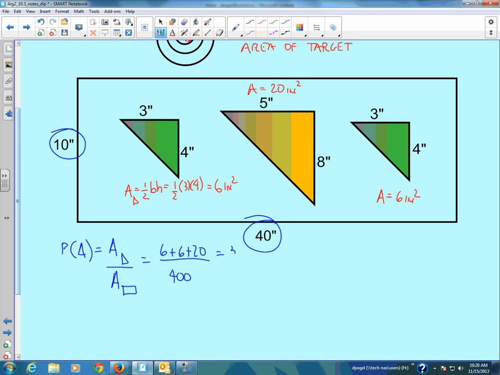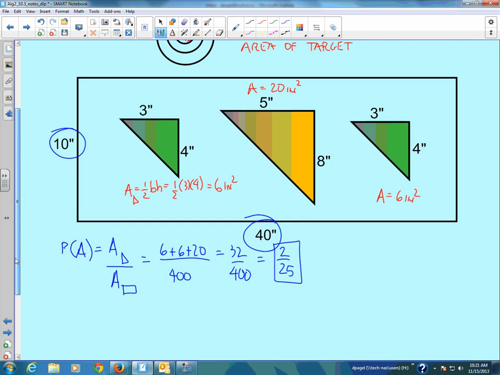So we get 32 over 400, and that becomes 2/25, I believe. That would be the chances, the probability that I would land in a triangle if I were to throw a dart at that large target there. All right, so geometric probability.